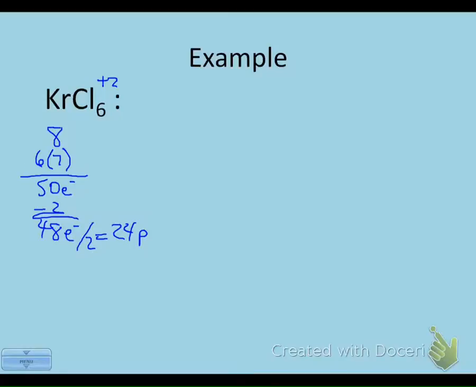The central atom this time is really easy. Noble gases have no electronegativity, so they go in the middle. And then we'll assign the chlorines best we can as terminal atoms. 1, 2, 3, 4, 5, and 6.